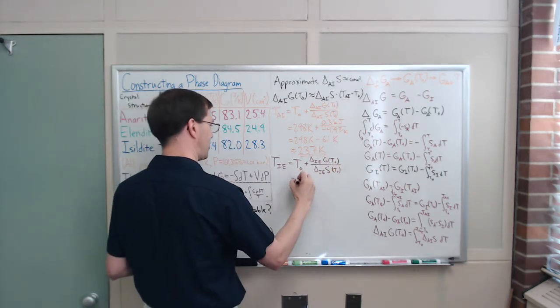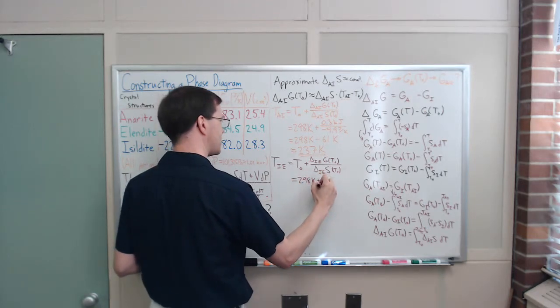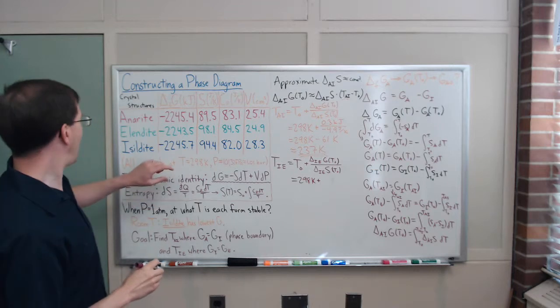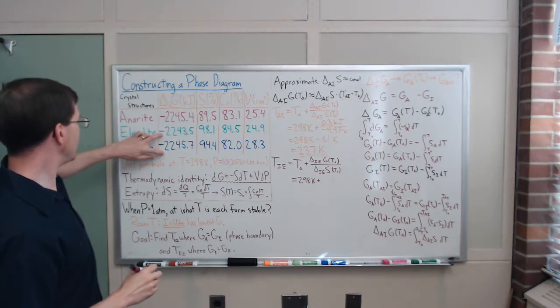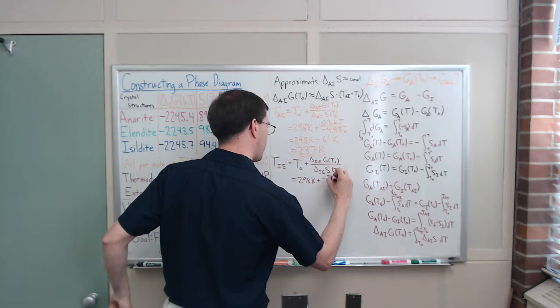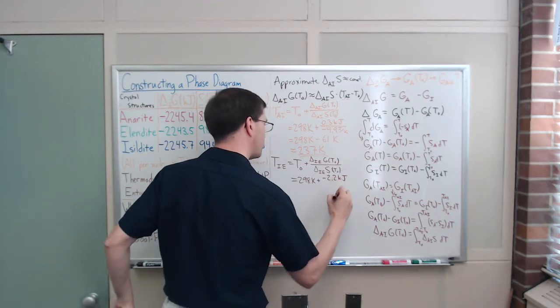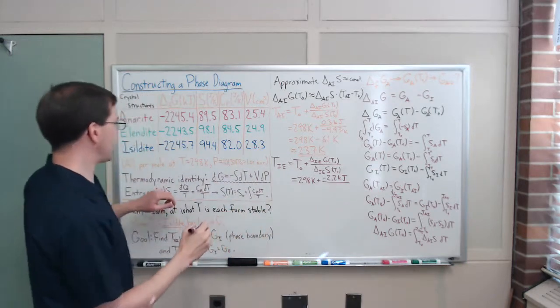And I can put those numbers in. Again, 298 Kelvin plus, okay, I minus E, this minus this is going to be negative 2.2 kilojoules, 2,200 joules, divided by delta IE.